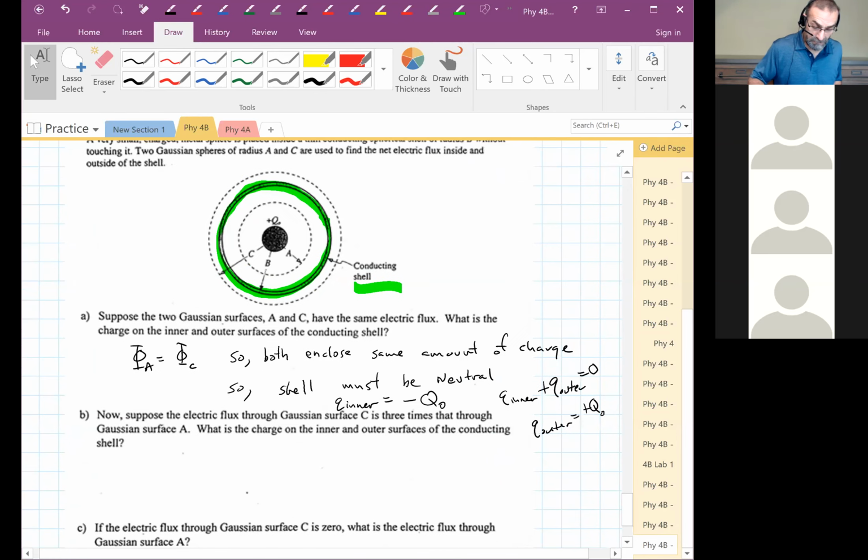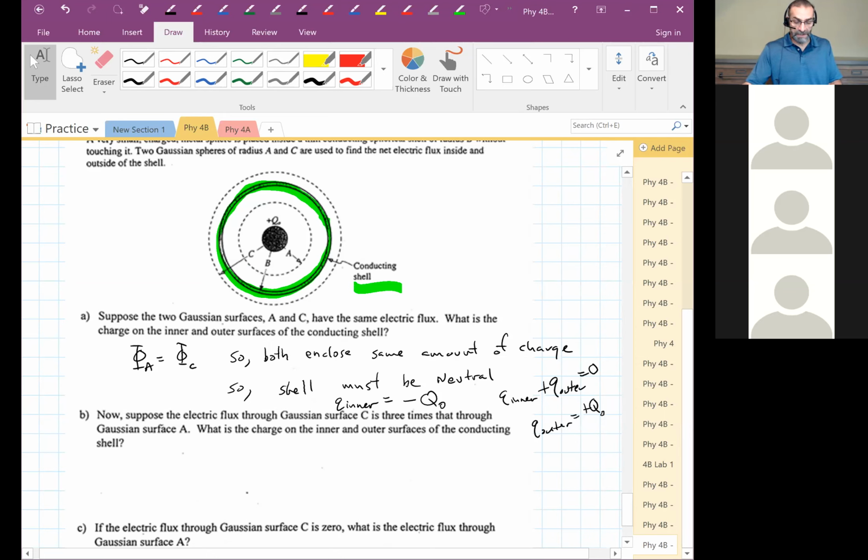Okay. Let's try the next part. The next one says, suppose the electric flux through the Gaussian surface C is 3 times that of the Gaussian surface A. So they're changing up the problem a little bit on us.